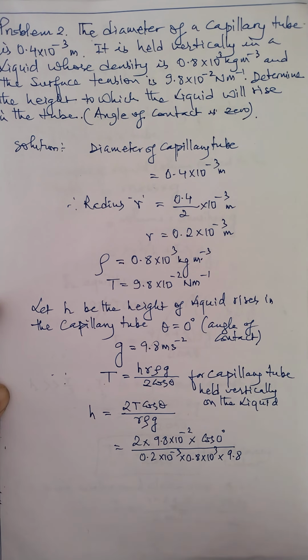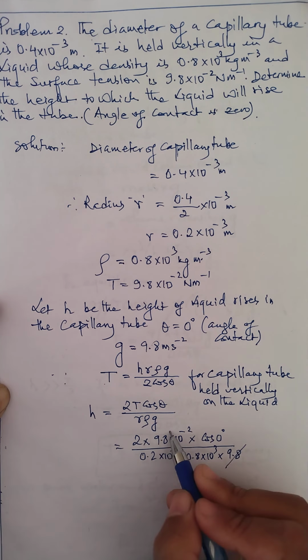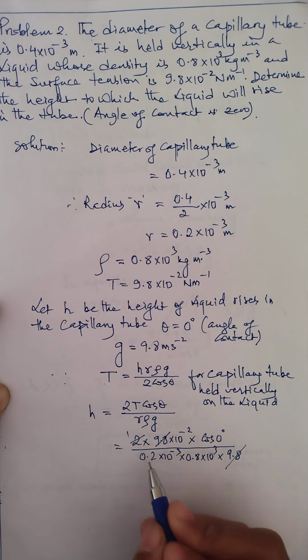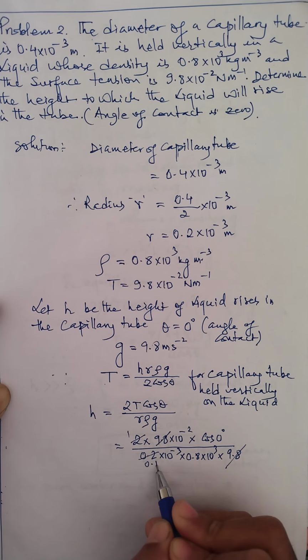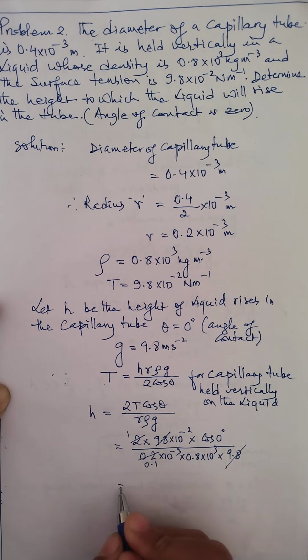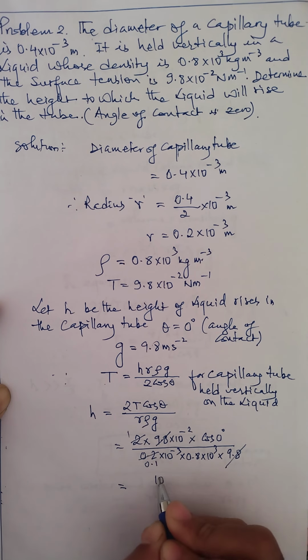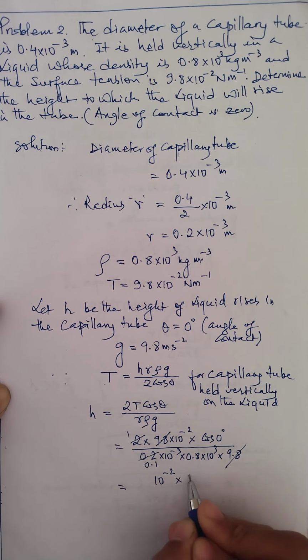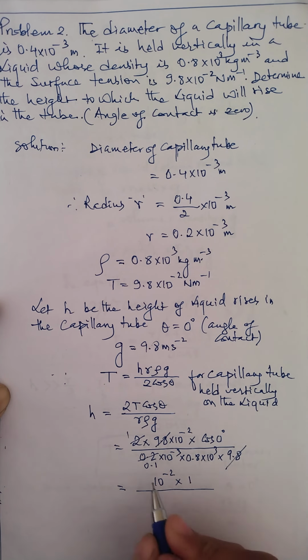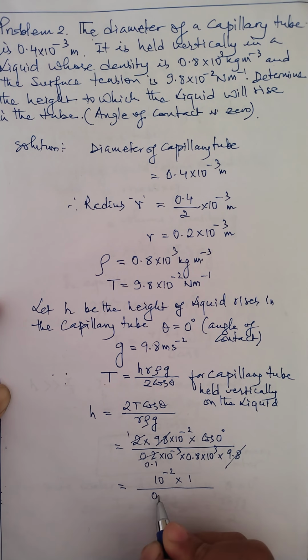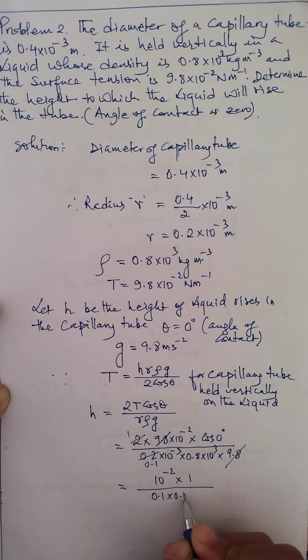Okay, so let's do the cancellation. 9.8 cancels out. 2 ones are 2, 2 ones are 2, but 0.1 cancels out. So in the numerator is 10 to the minus 2, cos 0 degree is 1, by 0.1 into 0.8 in the denominator.